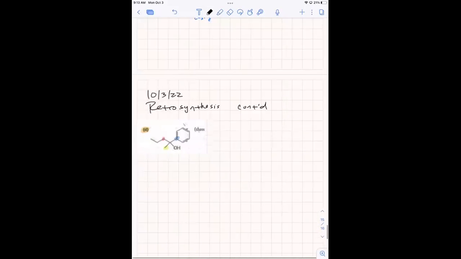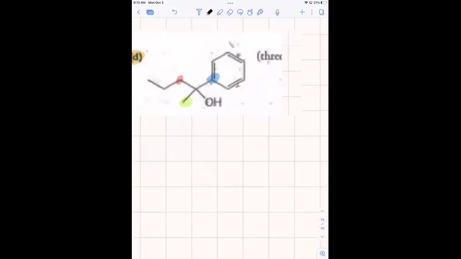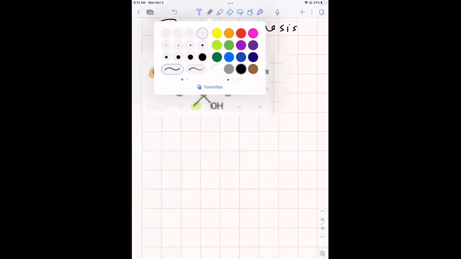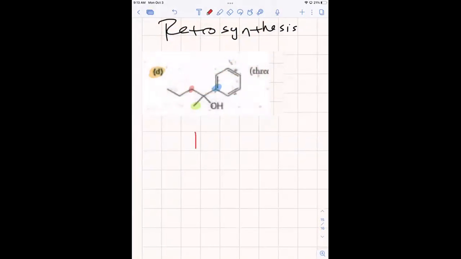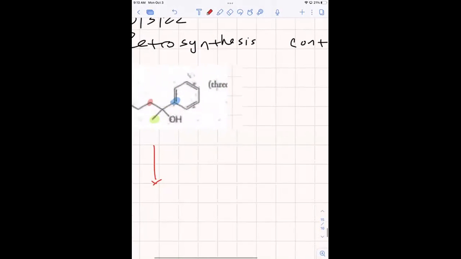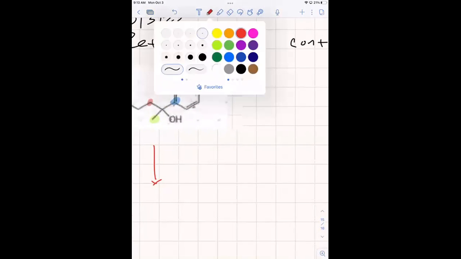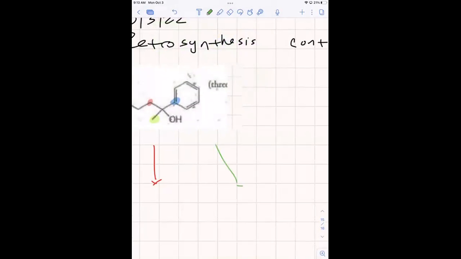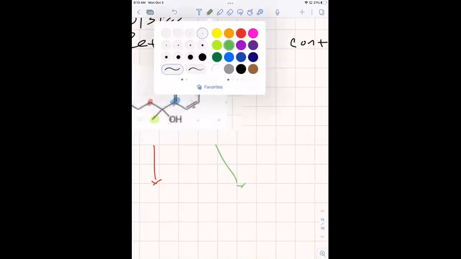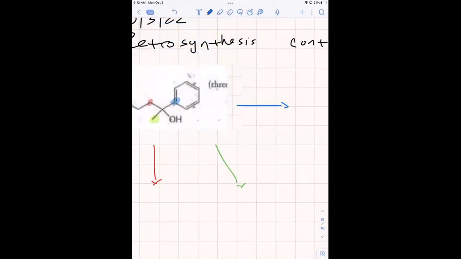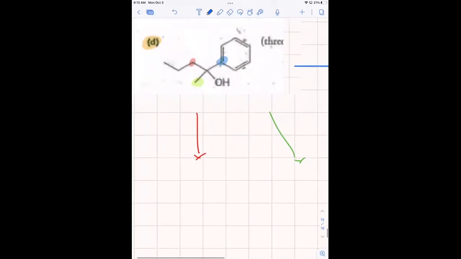All right. So we take this, and we said there were 3 different routes. It asked for 3 different ways to do it. Let's take the first route. What's my first step here? If I'm using this fragment as my Grignard, what's my first step?